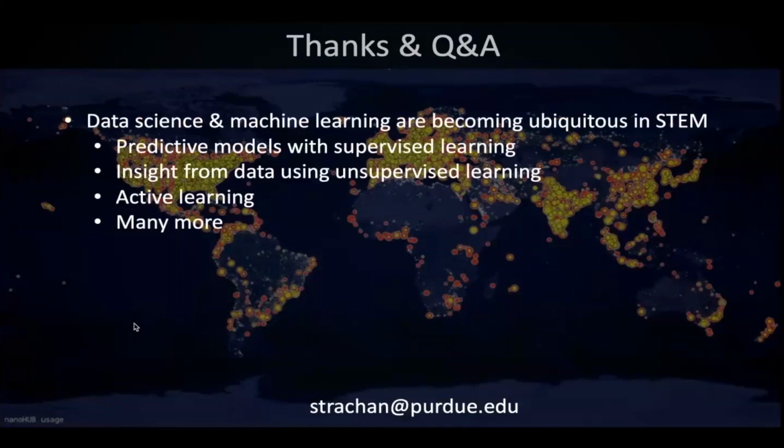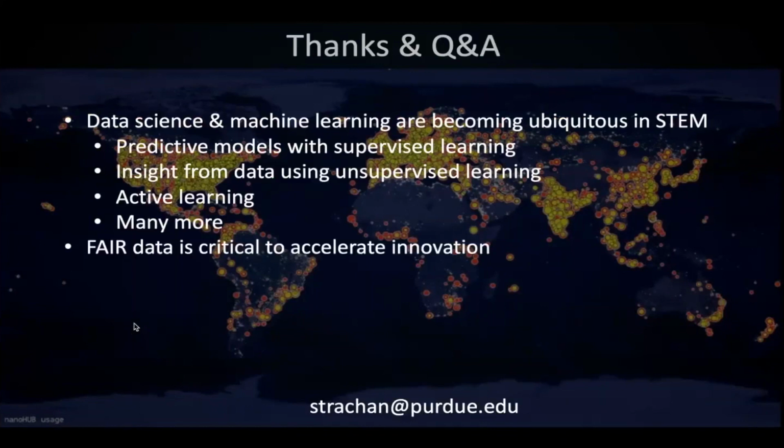First of all, data science is becoming ubiquitous in STEM fields, whether predictive models, unsupervised learning, or active learning. I can almost guarantee that regardless of your field, there are applications of data science. There are many more applications and examples that I didn't cover.